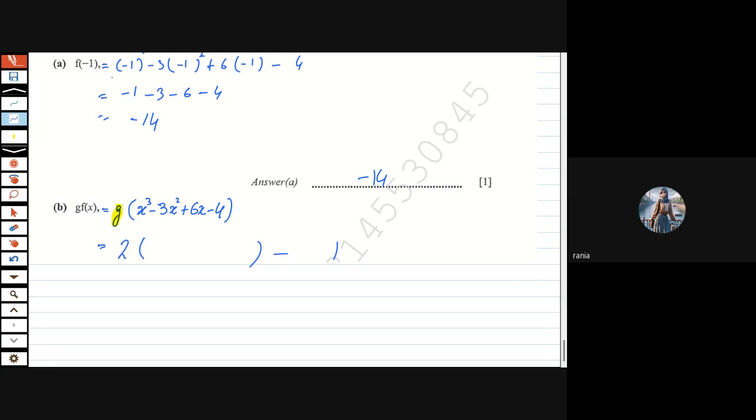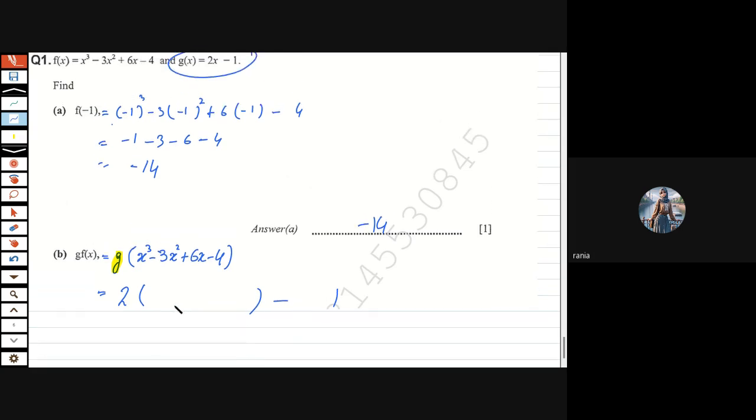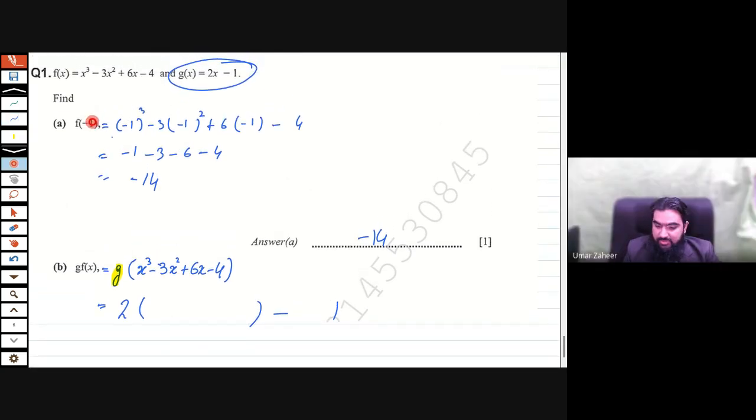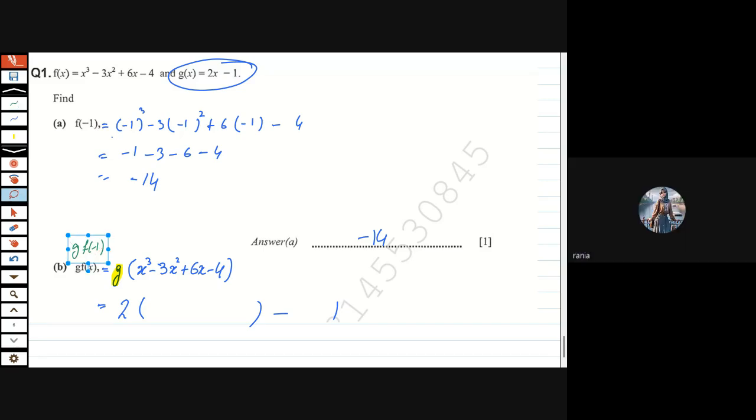Because it is not g of f of minus 1, it is f of x. If it were g of f of minus 1, then I would substitute minus 14, which is the value of f of minus 1. Here you have f of x, a general form. Both are different things.